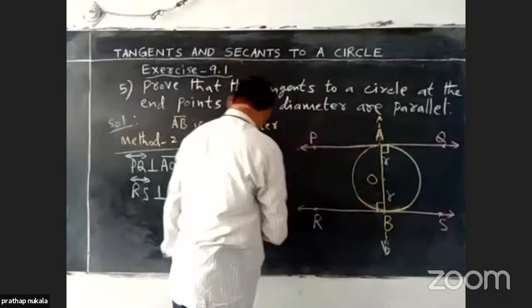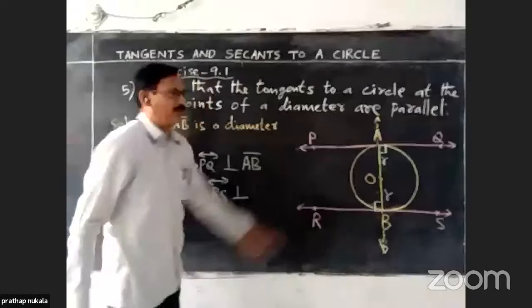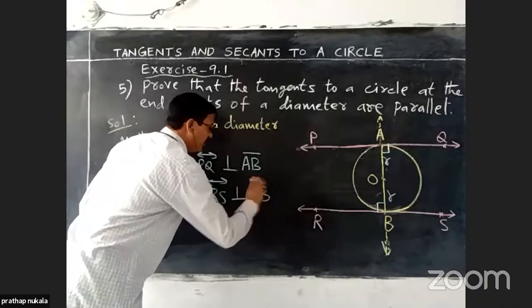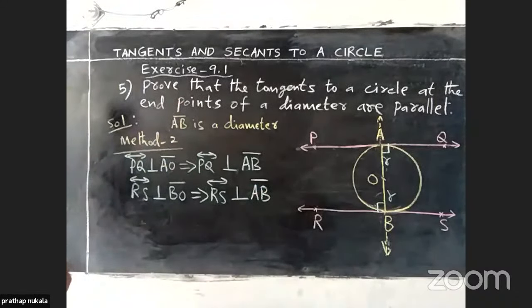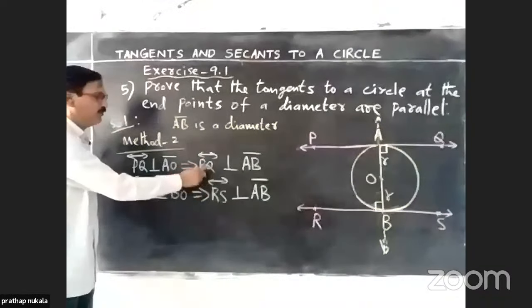Now, BO is part of the diameter AB. Therefore, RS is perpendicular to the diameter AB. Just look at these two properties already proved.